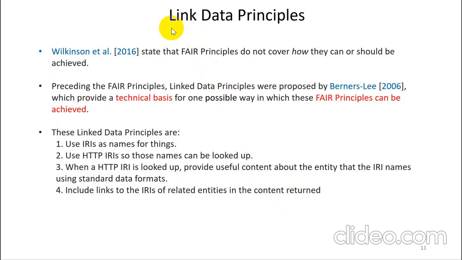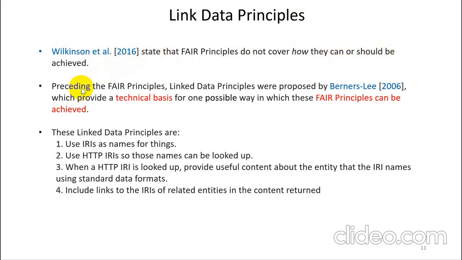Now we go to the second set of principles, that is the linked data principles. Wilkinson in 2016 stated that the FAIR principles that I mentioned above do not cover how they can and should be achieved.